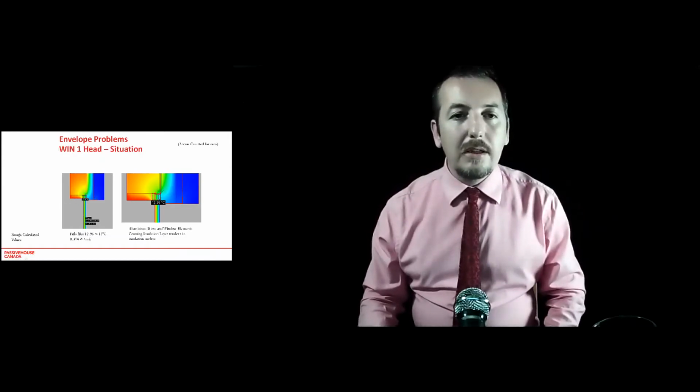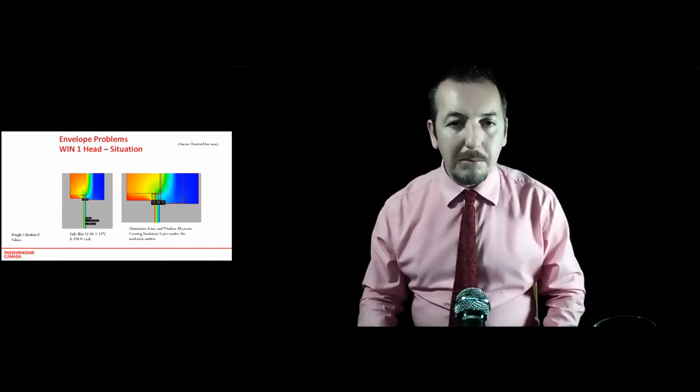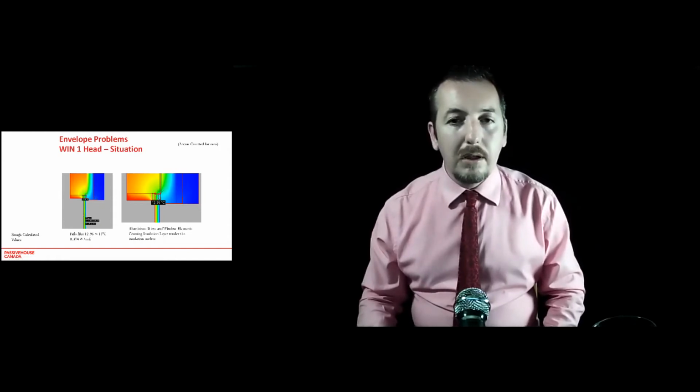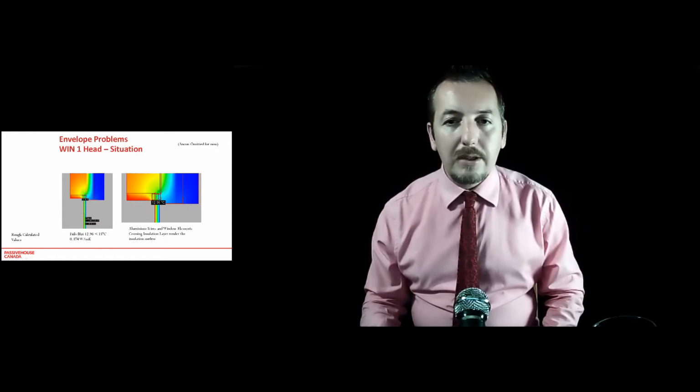And he had internally insulated the window. He had covered the face of the window in insulation, but the window was aluminium, and the thermal break in the window is actually this piece here and this piece here.